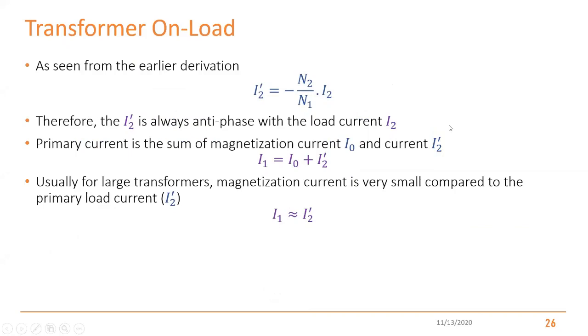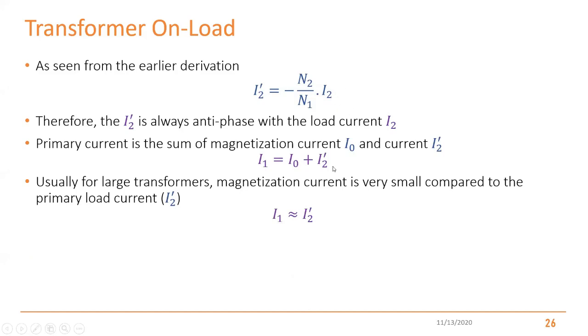Okay. So now this is the summary of the things we have already learned earlier. That is a transformer on-load condition. We can write the additional current flow to the primary, I2 dash, as K into the secondary current. K is the transformer ratio, the ratio between the secondary turns and primary turns, N2 divided by N1.